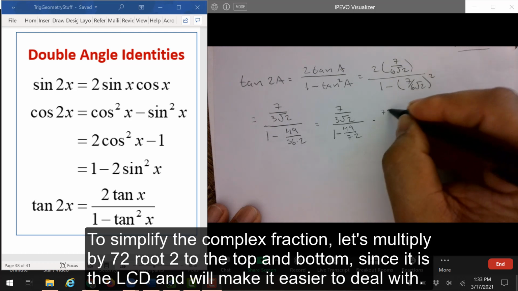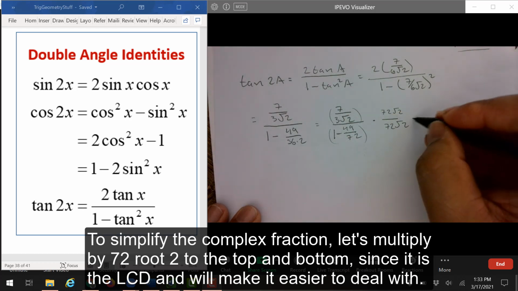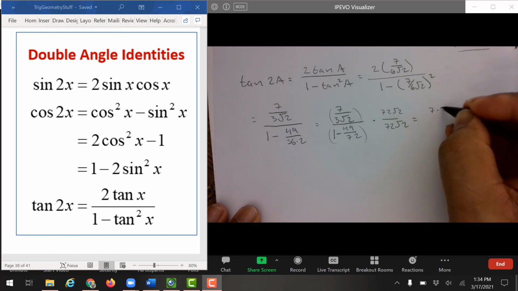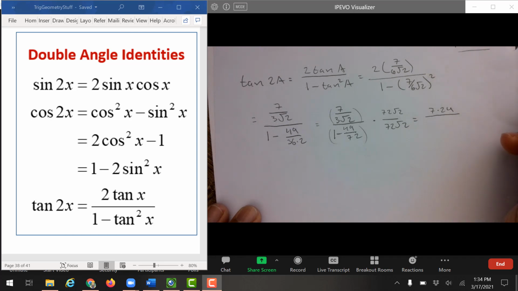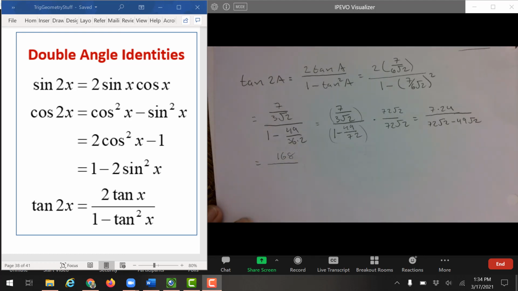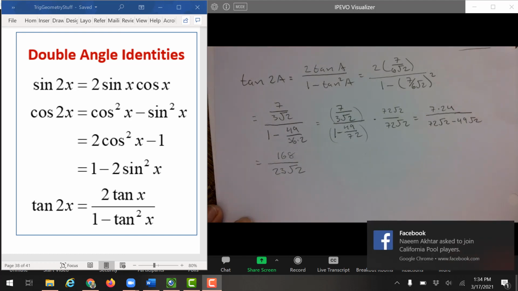Simplify the complex fraction. Let's multiply 72 root 2 to the top and bottom, since it is the LCD and will make it easier to deal with. And done.